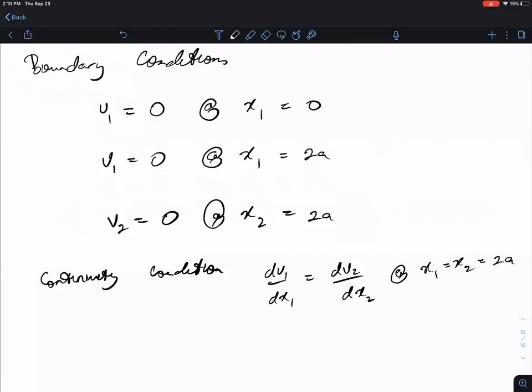The slope based on the first moment function has to be equal to the slope based on the second moment function at the roller support, where x1 and x2 are equal to 2a.